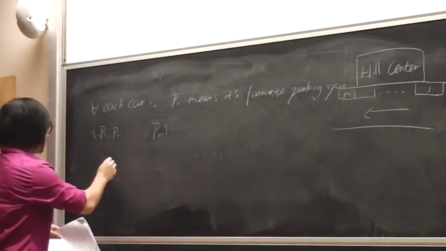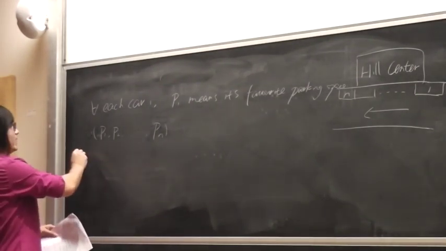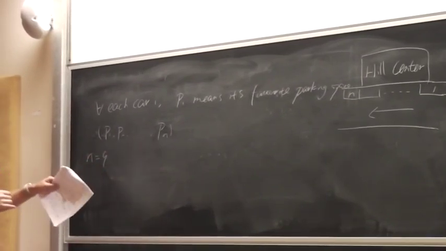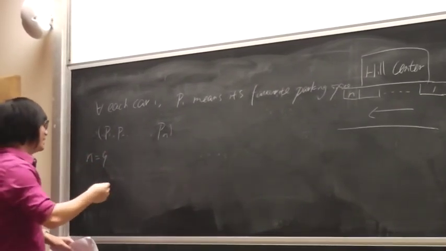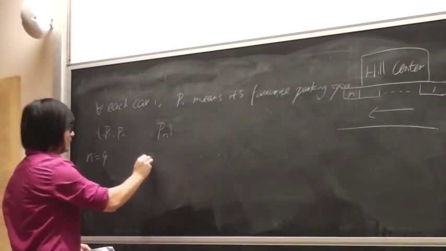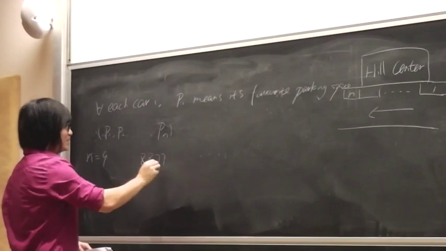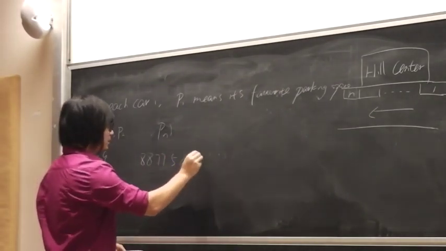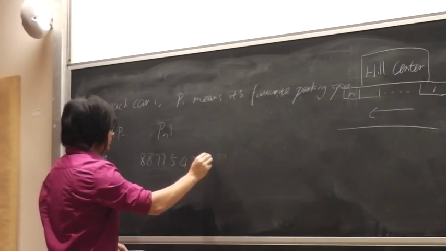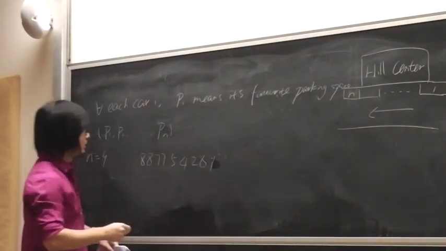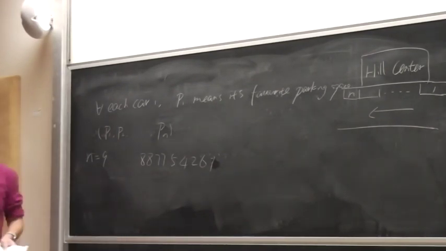So let me give you an example. For simplicity, let's say n equals 9, because if it's more than 10, then if I write numbers together, it will sometimes be misleading. So for example, I just write a random sequence, maybe 2, 1. So is this a parking function?